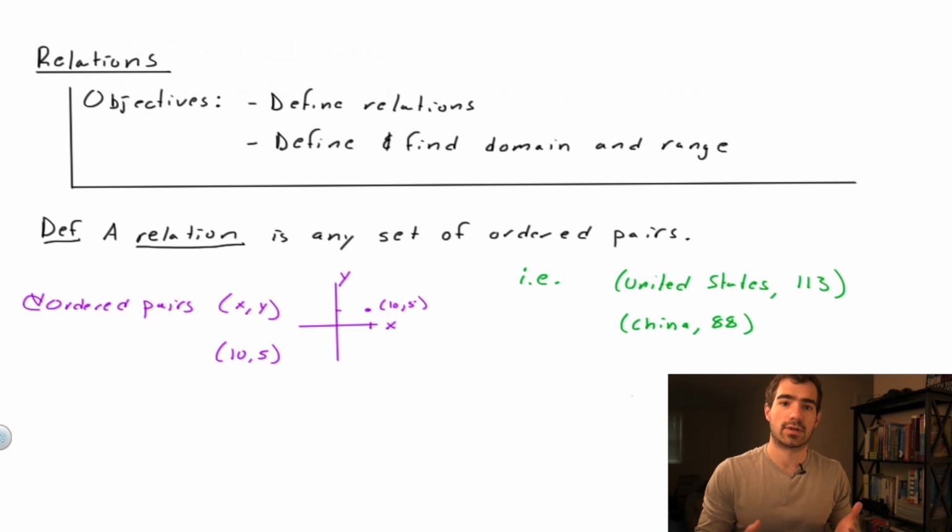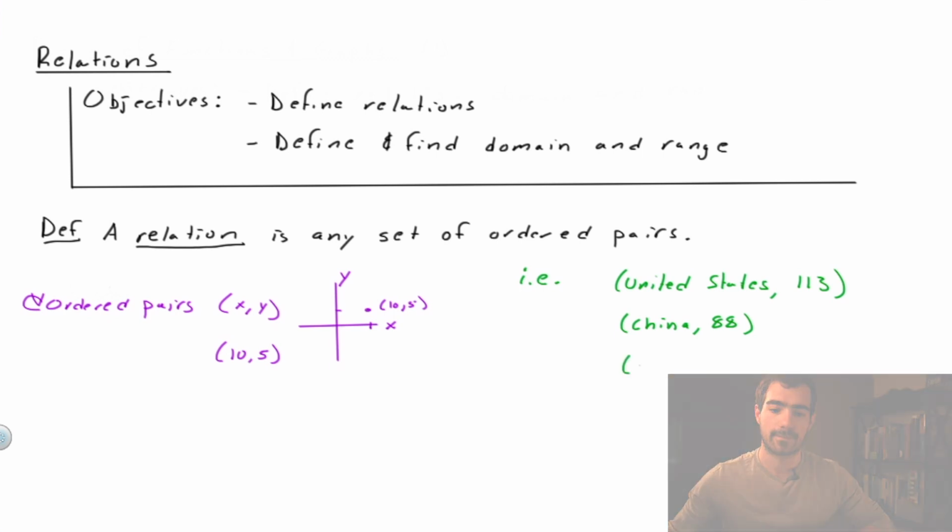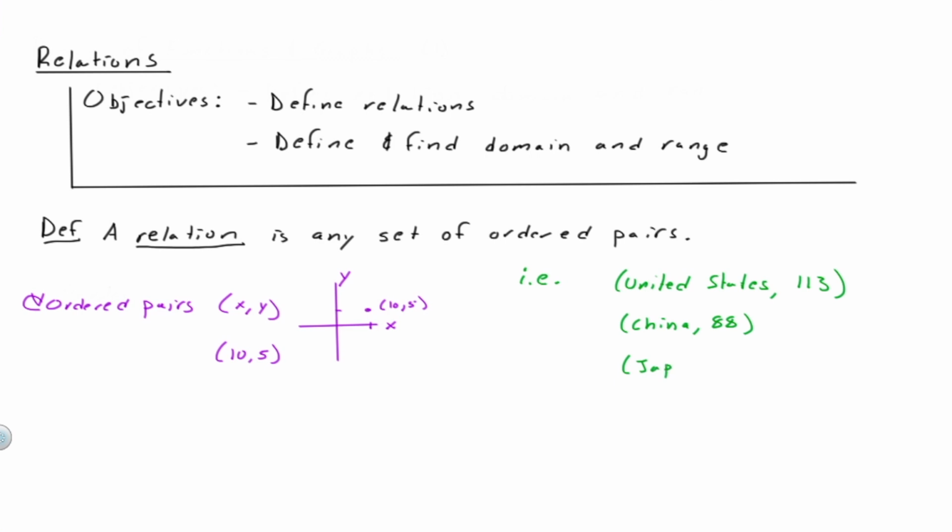And this relation represents the relationship between the country and the number of medals they won. And we could keep this going, right? We could say Japan won 58 medals, and so on and so forth. And we could extend this out further and further for all the countries that participated in the Olympic Games if we wanted.